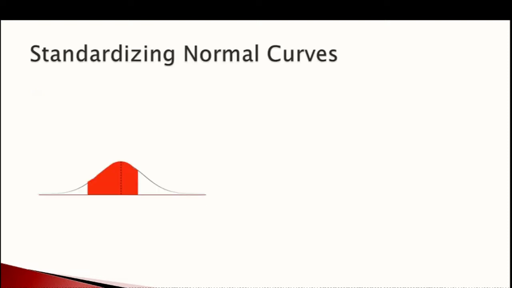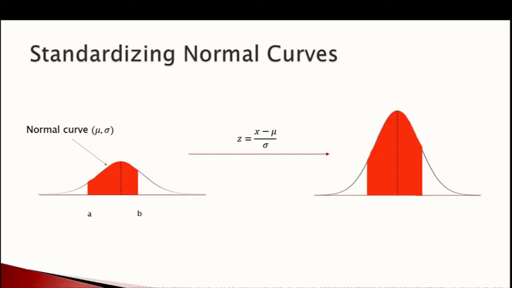So, standardizing normal curves. Here I start with a normal curve. A and B are any two numbers enclosing the red area of interest, the shaded area. To standardize this normal curve to the standard normal curve, I can use the formula we discussed above, z equals x minus mu over sigma.